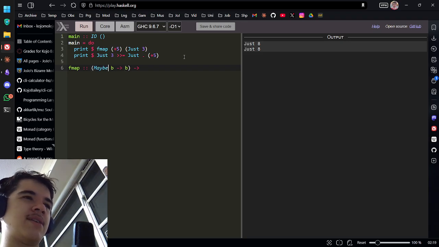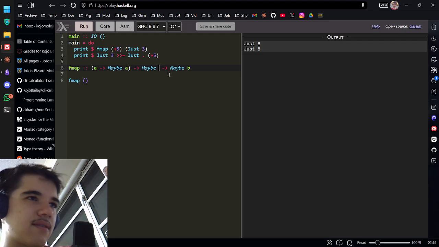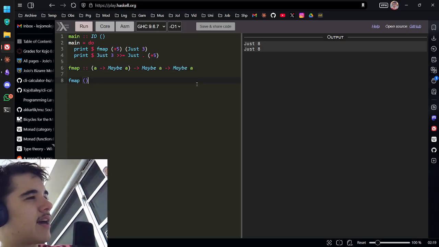Okay, well maybe it's a to a b, and then I think it outputs maybe b. So if I want to do fmap, it takes maybe a and returns an a. No. Take an a, return a maybe a, and then this will be a maybe a. Is this correct? I think this is correct now.